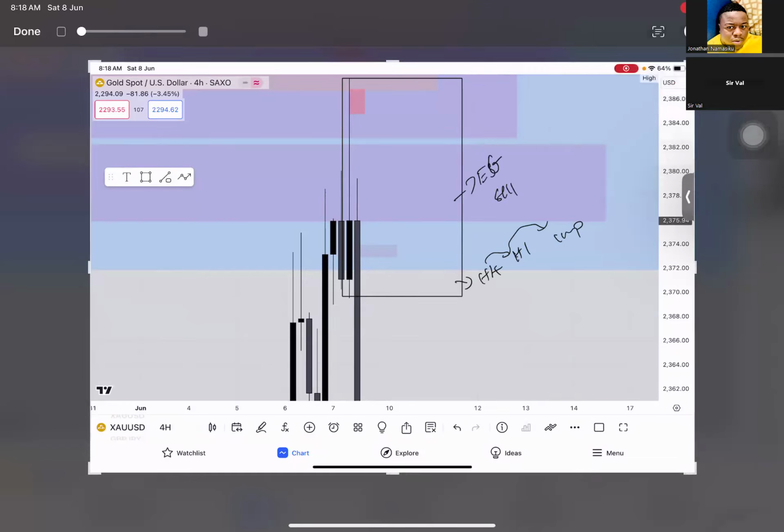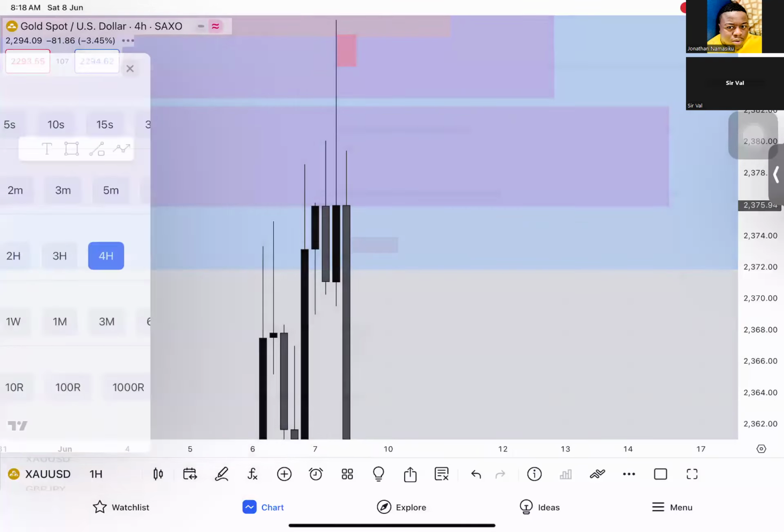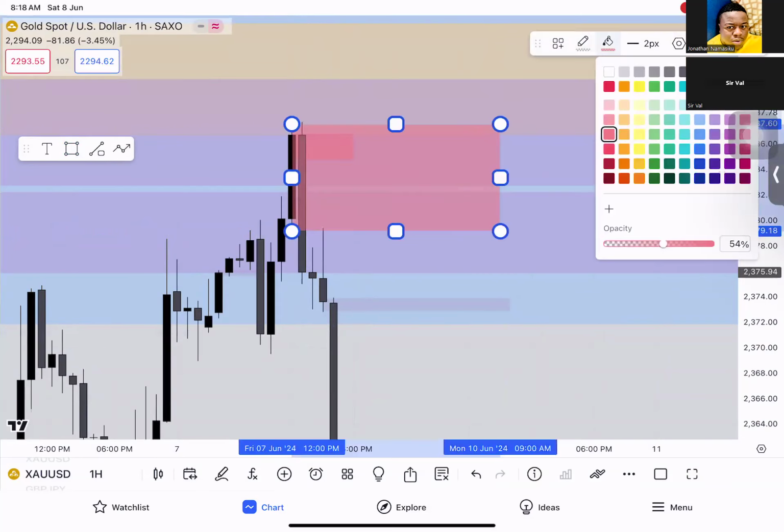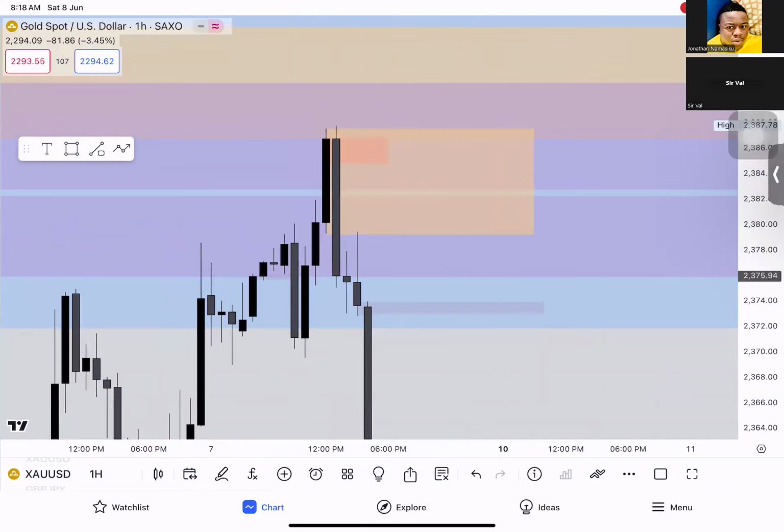Same like here, what we have is H1 here. It creates a new H1 on CMP. After price creates a new H1, this is a zone, not the CMP for entry. This is just a zone, which means the CMP for a higher time frame, a confirmation on a higher time frame.